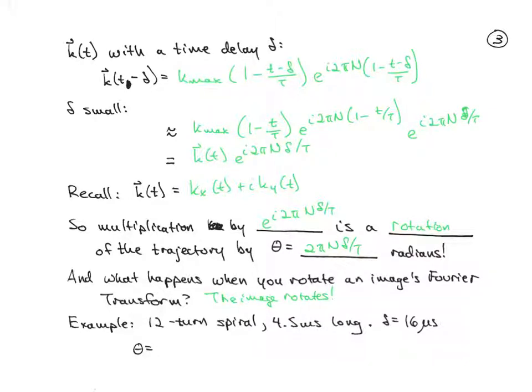So if you crunch the numbers out here, let's say that you have this 12-turn spiral that we talked about earlier, and that it's 4.5 milliseconds long, and then you have a delay of 16 microseconds. That's usually maybe 4 samples on a GE scanner at least. So then the rotation angle you're going to get is 2 pi times 12 times 0.016, that's the delta, divided by 4.5 milliseconds, which is equal to 0.27 radians, or about 15 degrees.